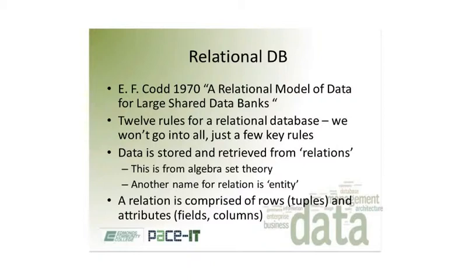Another name for a relation you're going to see throughout, and we're going to kind of shift away from the term relation, would be entity. So we're going to be using the word entity here as really just the same thing as relation. A relation is comprised of rows, which were called tuples, and then attributes, which wind up being the vertical structures within the two-dimensional table.